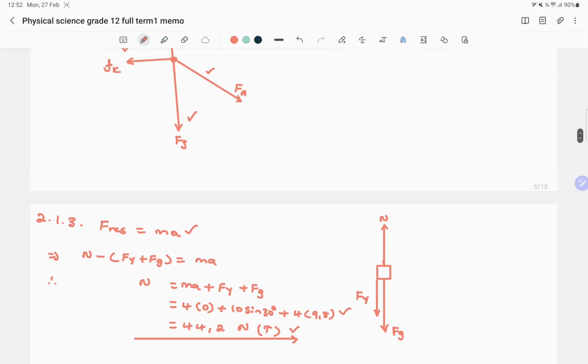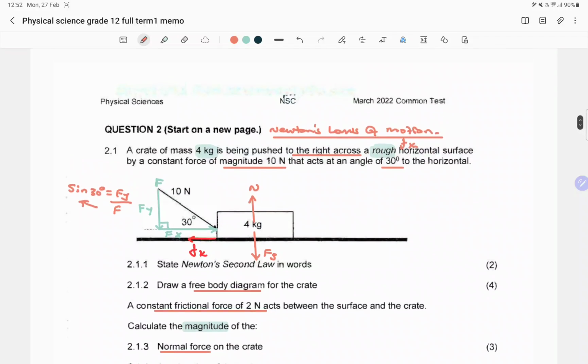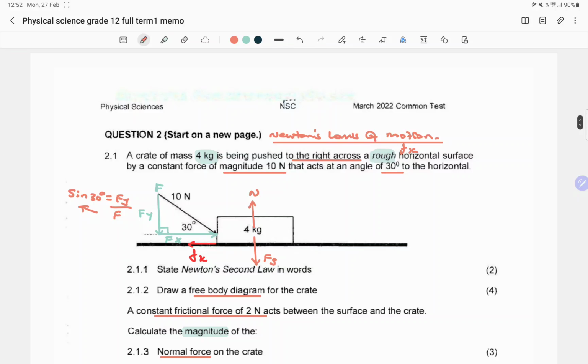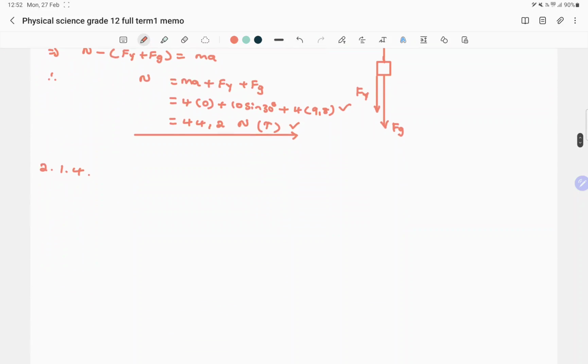2.1.4. Next question says we want the acceleration of our crate, okay? So acceleration, because we're moving this to the right, so it's horizontal motion now. So let's look at the horizontal forces, because the vertical forces pretty much cancel each other out. So they are no longer the issue.